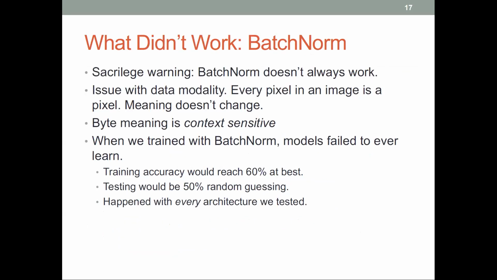They also note that they could not use batch normalization in this work. And why is that?